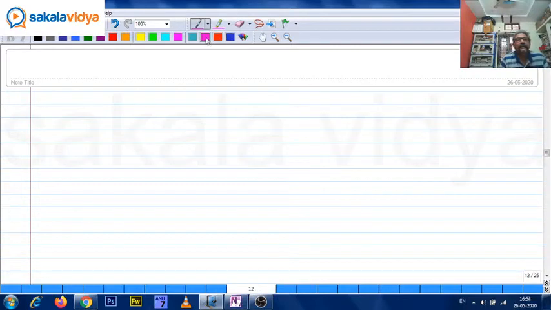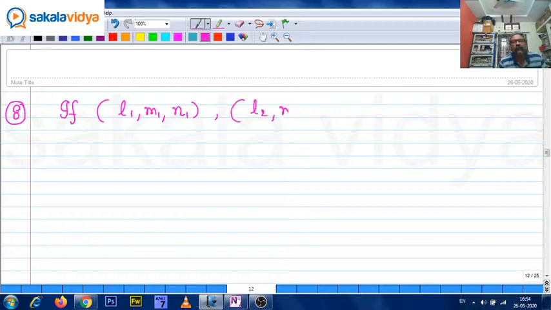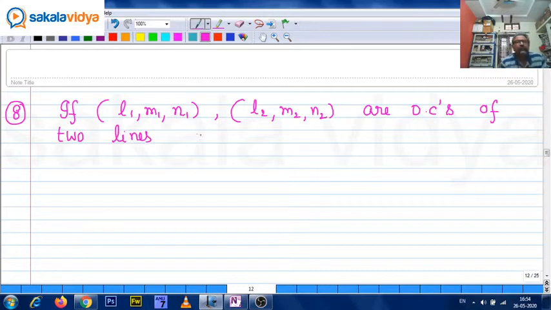So the next concept is the eighth concept. If l1, m1, n1 and l2, m2, n2 are the DCs of two lines, then we have one important relation.